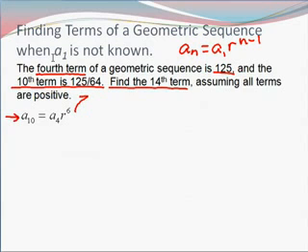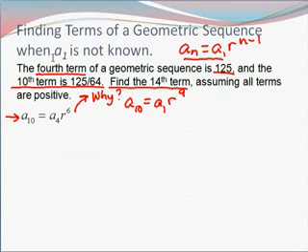Now, why do we use this equation? If I were to look at finding the 10th term using this equation up here, I would have A10 is equal to A1 r to the 9th.